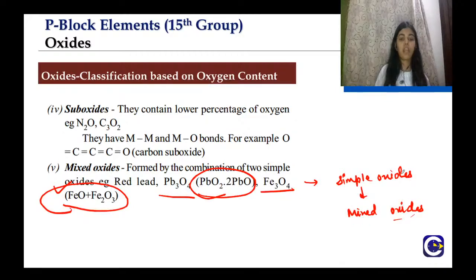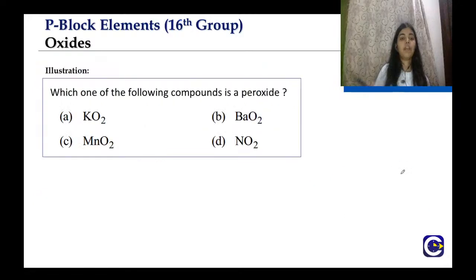Okay. Now, answer this particular question. Which one of the following compounds is a peroxide?